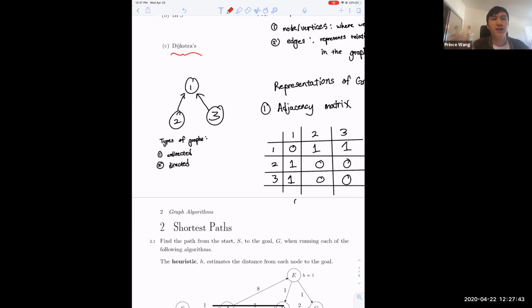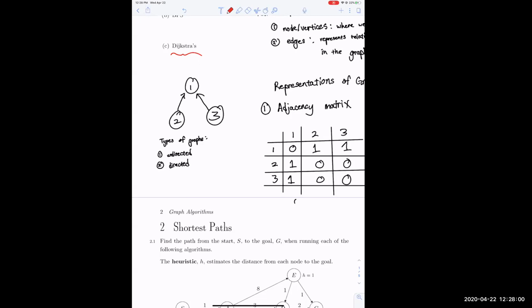A very good example of a directed graph is, do you know those one-way routes on the south side of campus? Basically, at the south side of campus, there are some roads that you can only travel in one direction, so you cannot travel backwards, either from west to east or east to west.